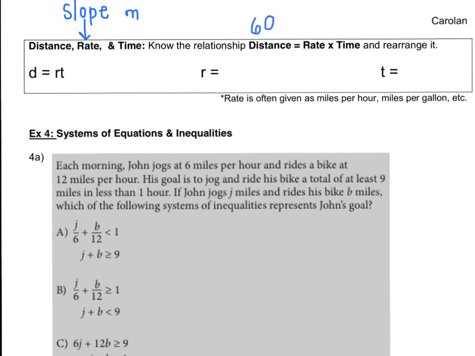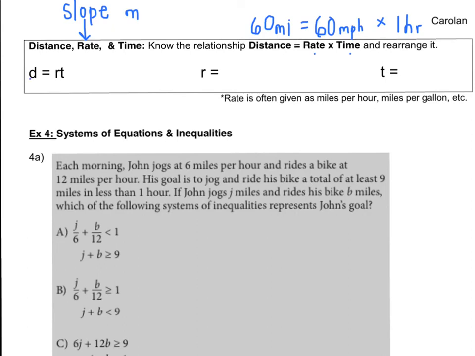And here's a real quick thing you can think about. If you have driven 60 miles in your car and you are traveling at 60 miles per hour for your rate, how long have you been driving in the car? Well, 60 miles per hour, you've traveled 60 miles, you must have been traveling for 1 hour. So this is where we get the D equals RT.